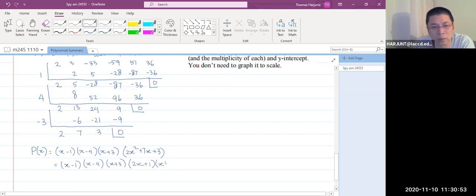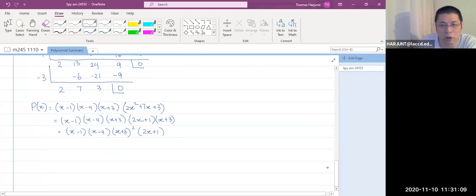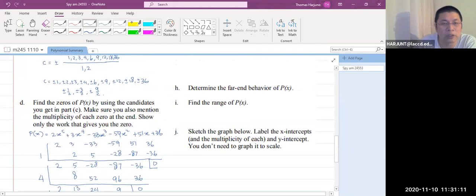Plus 1 plus 3. So actually it becomes x minus 1, x minus 4, x plus 3 squared, 2x plus 1. Now from there you see the zeros are, we are looking for the zeros. Okay, find the zeros and the multiplicity.